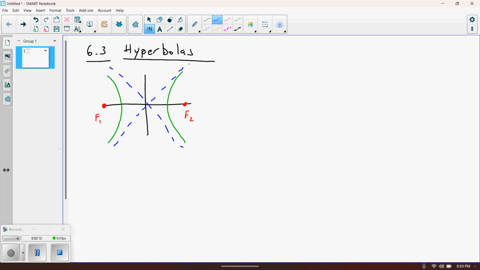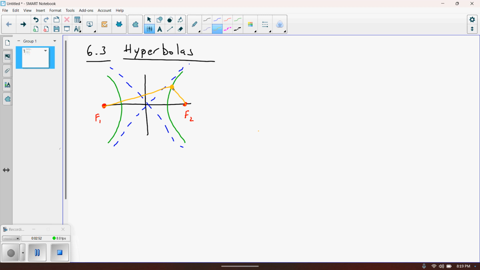Let's talk about the actual definition of a hyperbola. Again, very similar to that of an ellipse. If I take any point on the hyperbola, let's take this point right here, and measure the distance from one of the foci to that point, and then the distance from the other focus to that point, every single point that lies on the hyperbola is going to be the difference between the two, whereas the ellipse was adding them.